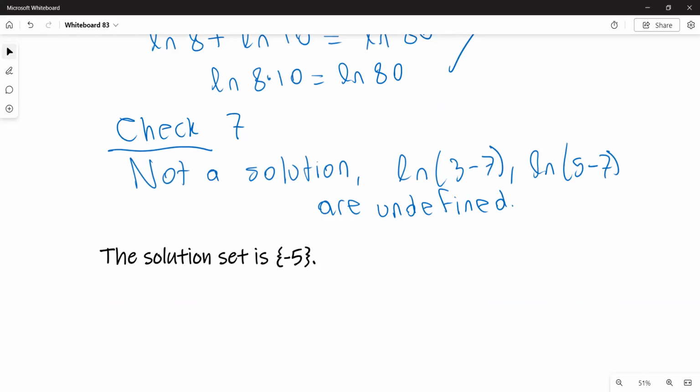Okay, so I'm doing one more. I'm doing number 54, one example in which both are solutions.